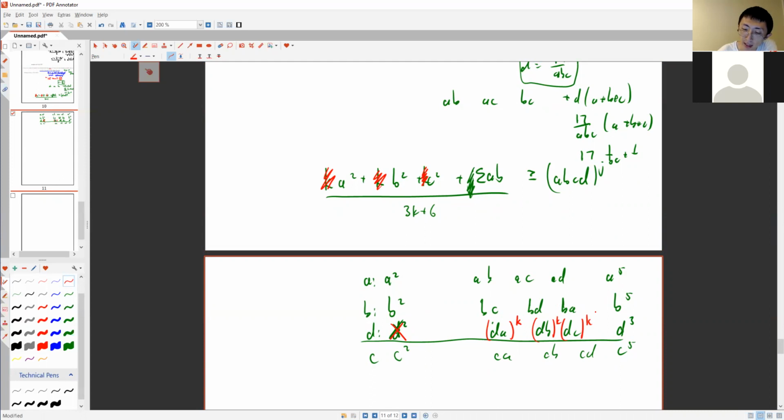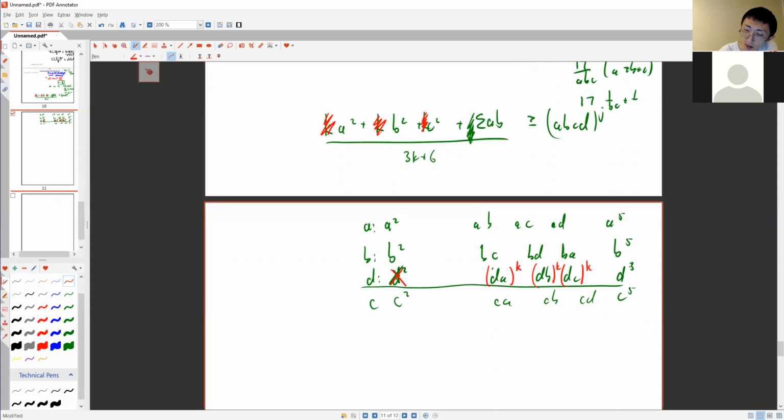So this would become d to the 3k, and then each of these terms with the d in them, instead of it being c to the fifth, it'd be c to the 4 plus k, because we have 2, 1, 1, and then k.